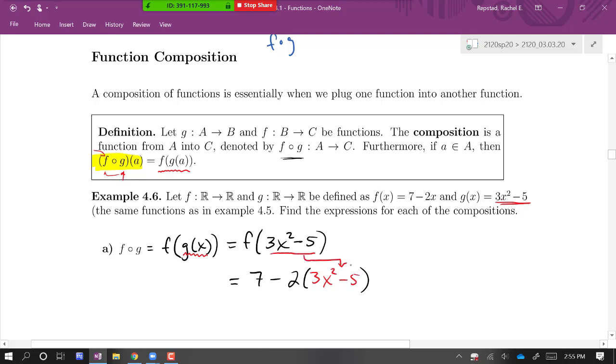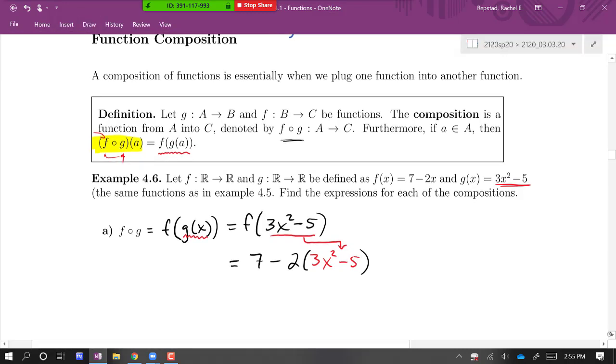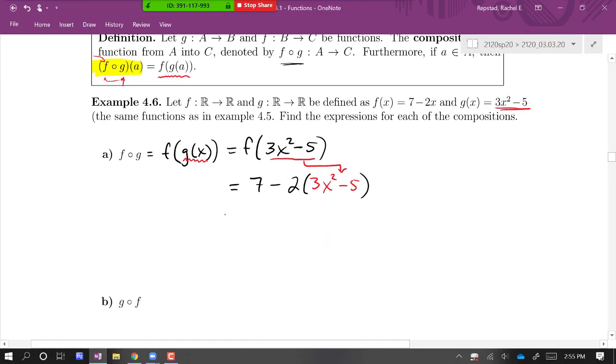In this case, my input is 3x squared minus 5. We'll do a little algebra to simplify. So 7 minus 6x squared plus 10, or negative 6x squared plus 17. There is f of g of x.